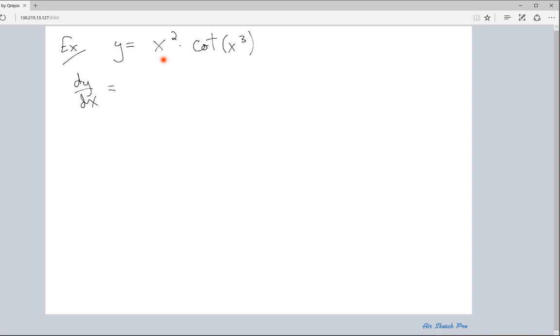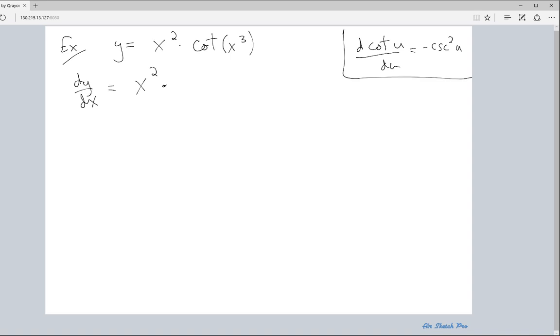In this case, we have product rule. So the first times the derivative of the second, and remember, the derivative of cotangent u with respect to u was, and again, the way to remember this is the derivative of tangent is secant squared. The derivative of cotangent is minus cosecant squared of u.